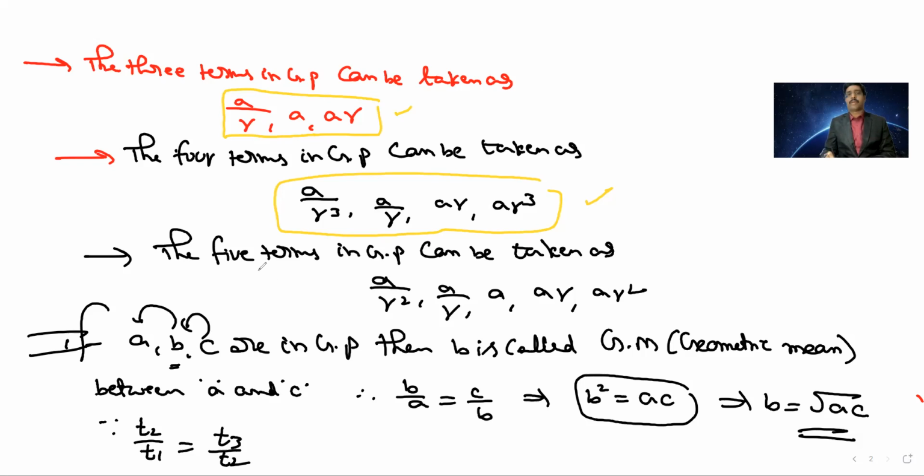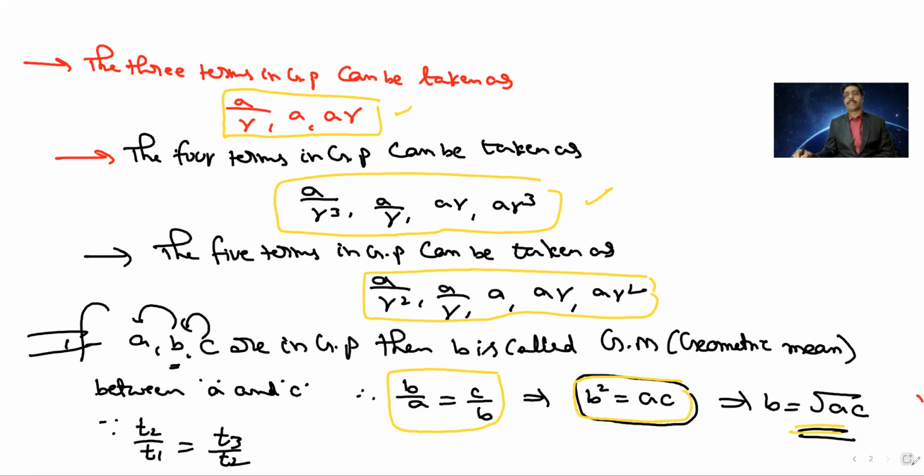Five terms in GP can be taken as A by R square, A by R, A, AR, AR square, where the common ratio is R. If A, B, C are in GP, then the most important formula is B square is equal to AC, so B is equal to root AC.